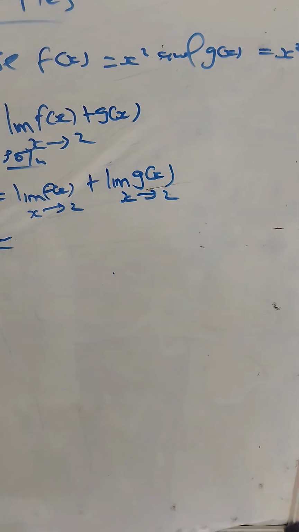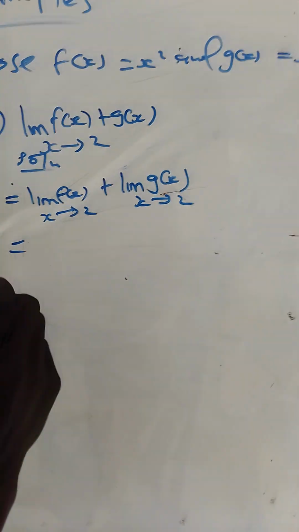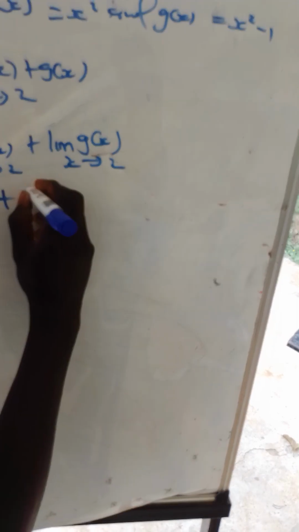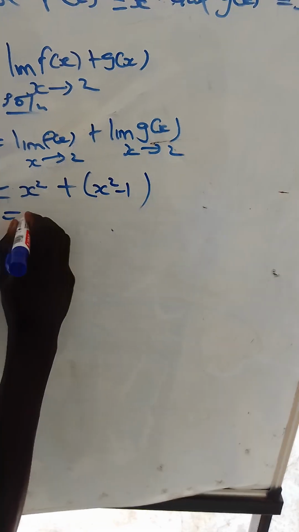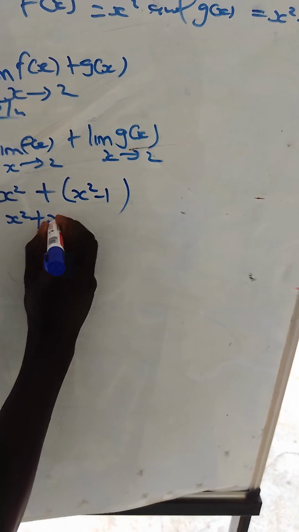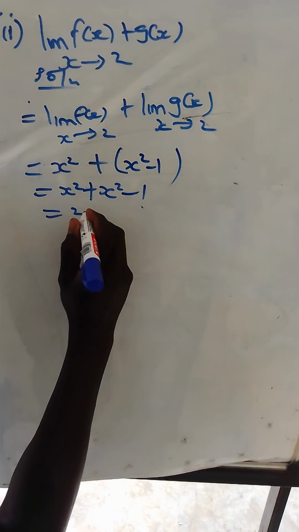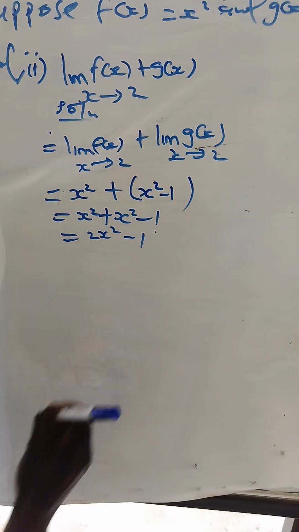Now from here we are going to represent our limit of the function f of x as x squared, plus g of x, which is the same as x squared minus 1. Now there we are going to collect our like terms, which is the same as 2x squared minus 1.